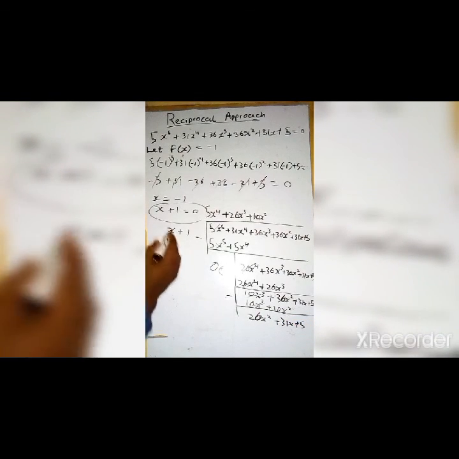So 36 minus 10, we have 26x^2. So 26x^2, we bring down this plus 31x plus 5. So we divide again.